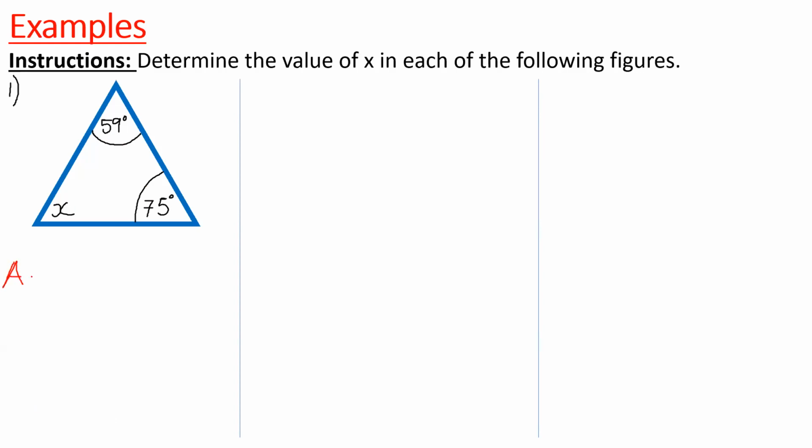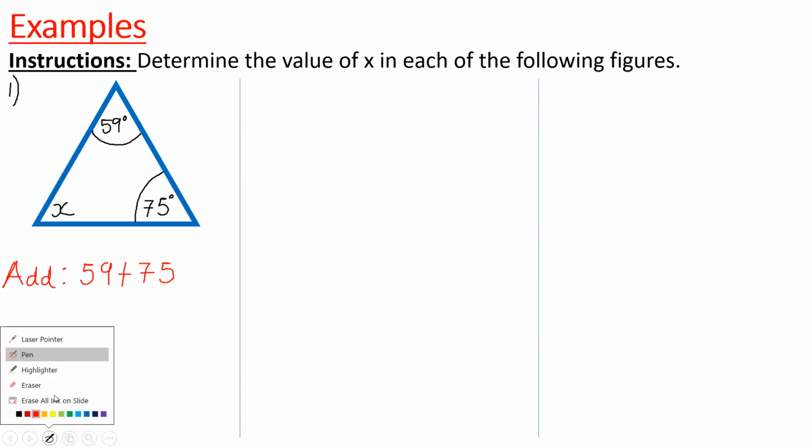So the first thing we're going to do is add. That's the first step. What are we going to add? 59 degrees plus 75 degrees. You know what? I don't have to write.